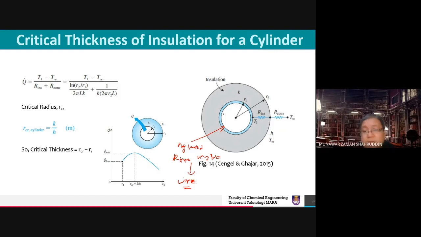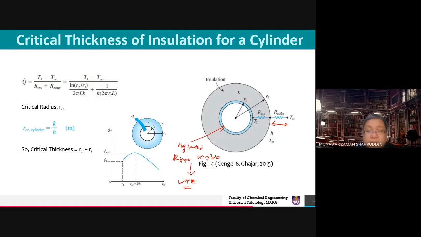So the heat tu tak dia lah keluar. Tetapi once you have a big value of R for insulation, when you increase the value of R tu, so what will happen is you kena ingat dekat luar ni ada convection.